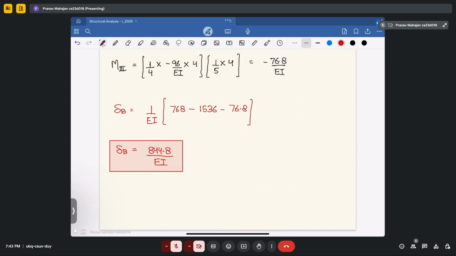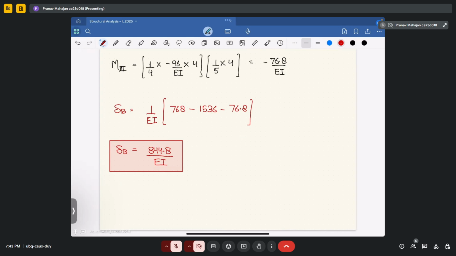Next, the deflection at another point is equal to the moment of the bending moment diagram area that you have calculated, divided by EI. By this, you can calculate the slope and deflection for different points in beams as well as in frames.